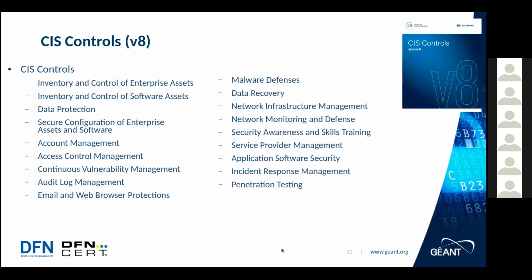And actually, it's a document you can consider part of a framework maybe. If you download this from their website, it has some 80 or 90 pages, with these 18 controls. So you have inventory and control of enterprise assets, software assets, things like account management, of course vulnerability management, that's what we're talking about here, and a few other things.